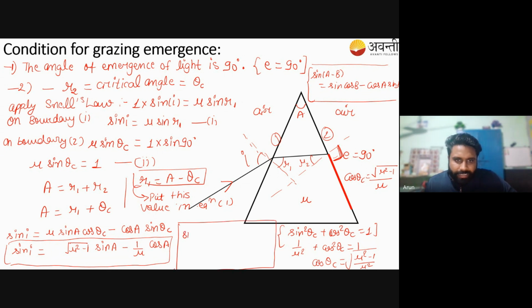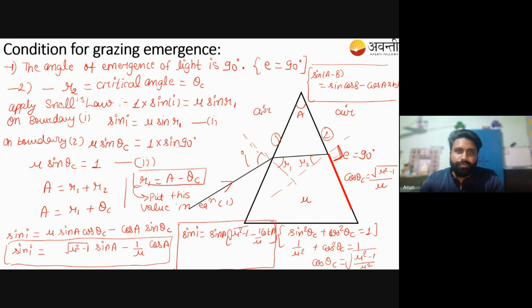It is sin I is equals to sin A times square root of mu square minus 1 minus 1 upon mu cot A. This is the final formula that you have in your hand. So if anyone has any kind of doubt, just write it in the chat box. Otherwise we will move forward.